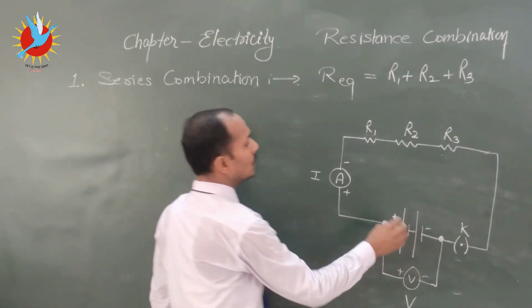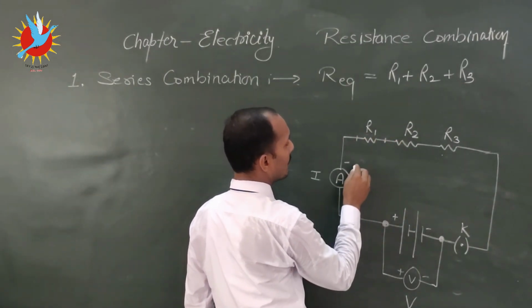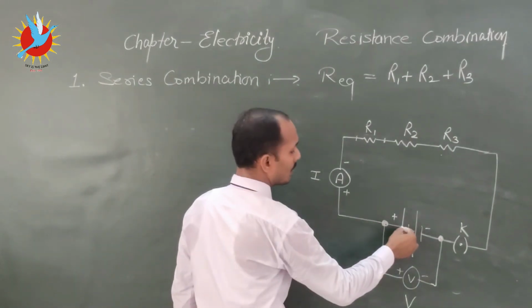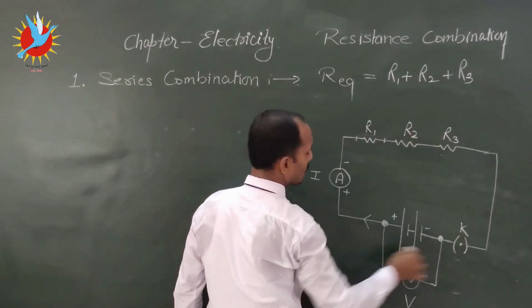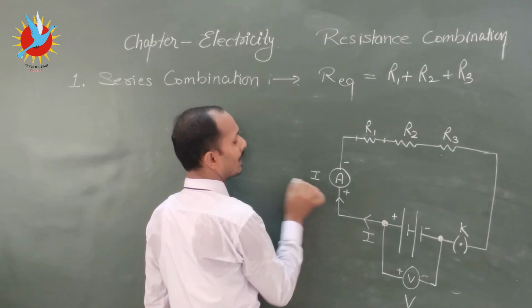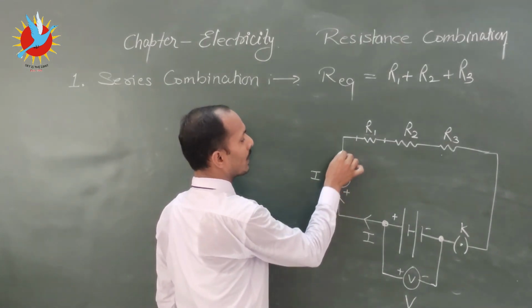Now tell me the direction of current. We know that current always flows from the positive terminal of the battery to the negative terminal. Suppose current I is flowing in this circuit.